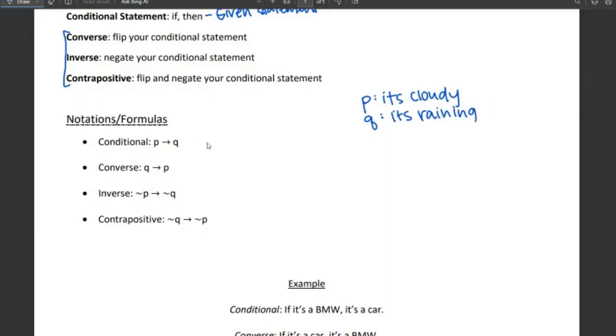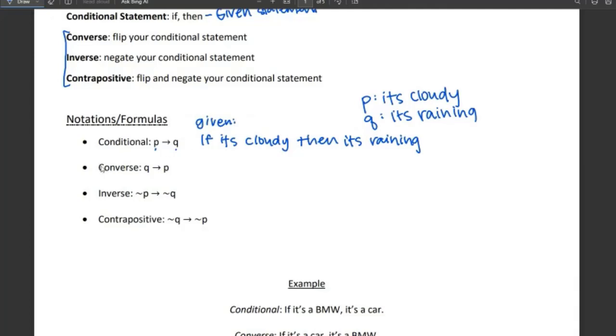So our conditional statement, let's say that we start out, if it's cloudy, then it's raining. So if P, then Q. So P first, and then our arrow, and then Q. This is our given statement.